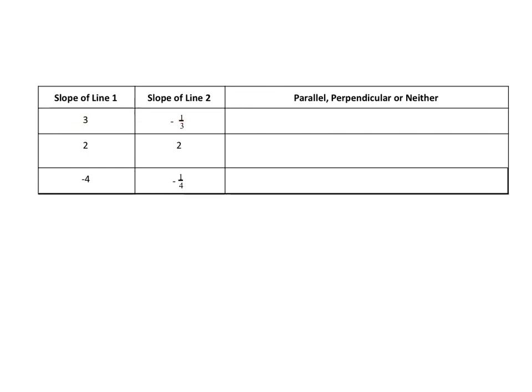So now let's check if they are perpendicular. If I start with a number of 3, I need to flip it over, which is going to turn it into 1 over 3. Because remember, this was the same thing as saying 3 over 1. So I flipped my number, and then I need to change the sign. So this started off as a positive 3.